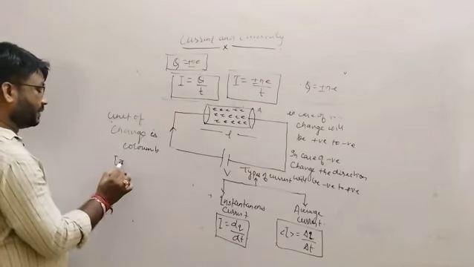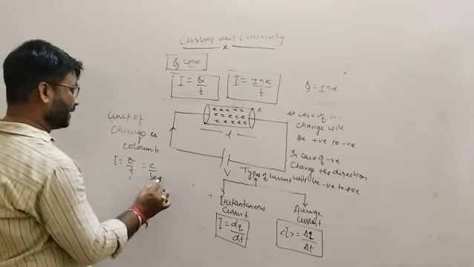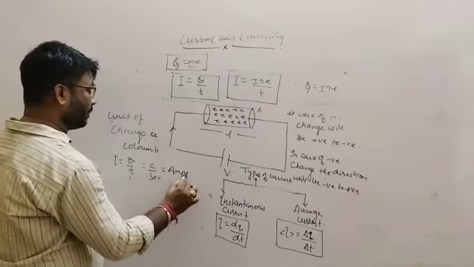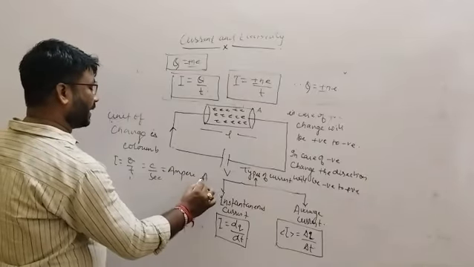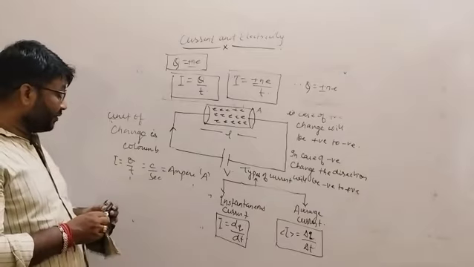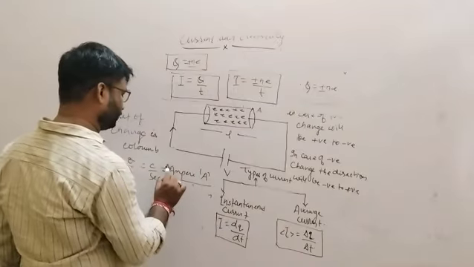Now the current is Q by t, so coulomb per second. That coulomb per second we call ampere, denoted by capital A. So the SI unit of current is ampere.